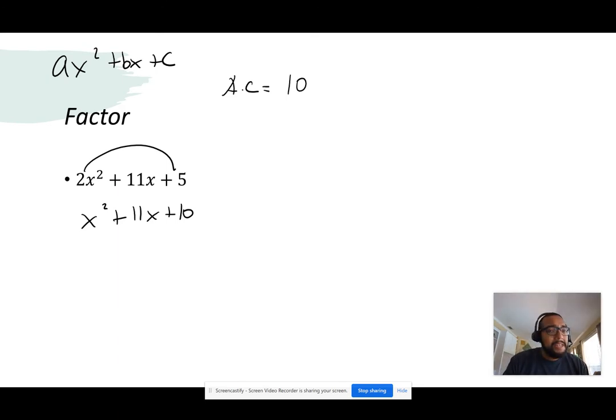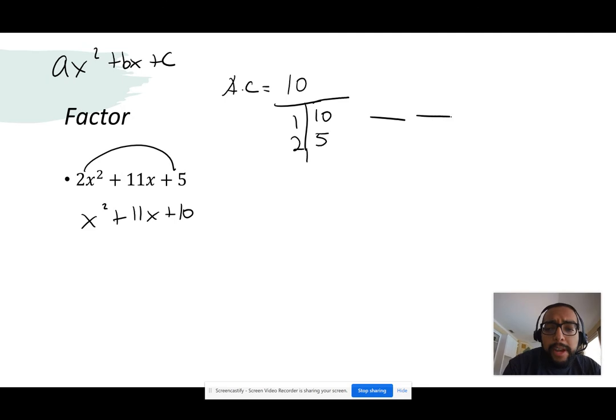And actually, this is not too bad. This becomes a little bit more bearable for us. Because if I just gave you this question alone, x squared plus 11x plus 10, and I told you to factor it, well, you would find the factors of 10. Two numbers that multiply to be 10. We got 1 and 10, and 2 and 5. And what are we looking for here?